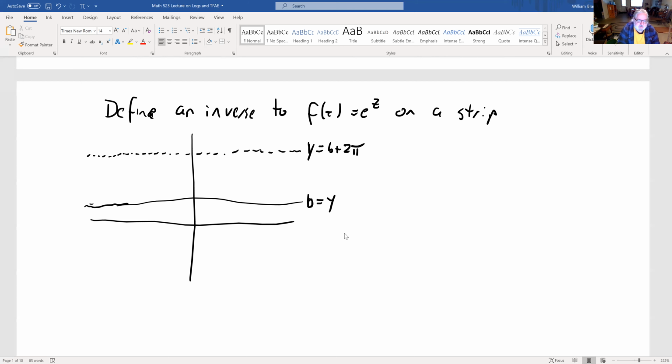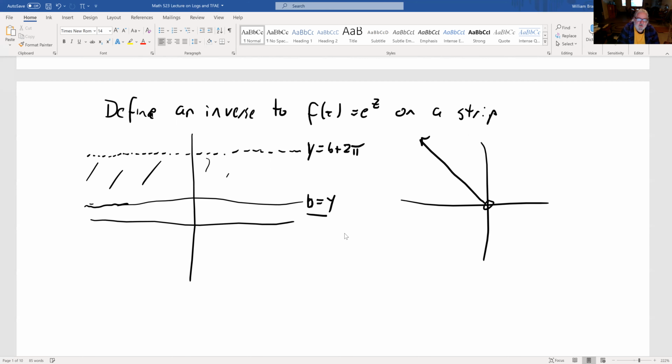Okay, so this strip, we know e to the z will map this part to a ray. And then that line gets mapped to the same ray, but we're not actually going to put it in. But if I take any vertical line here, what do I get? I get a circle. And so if I look at all these vertical lines, that fills in the entire plane.